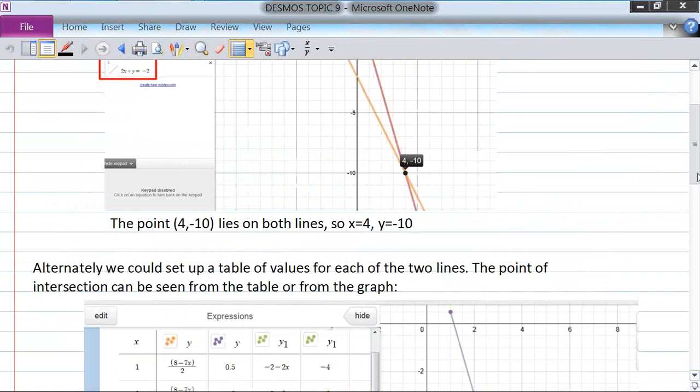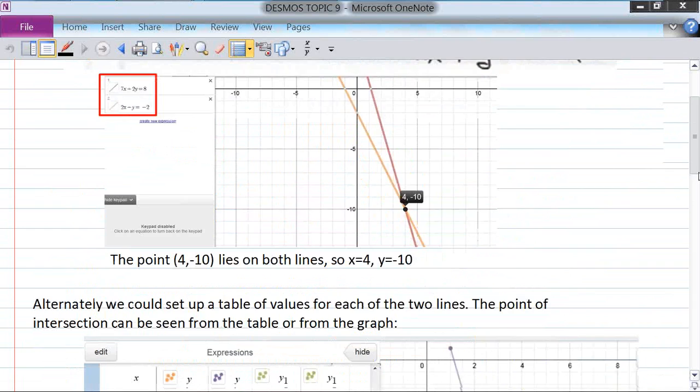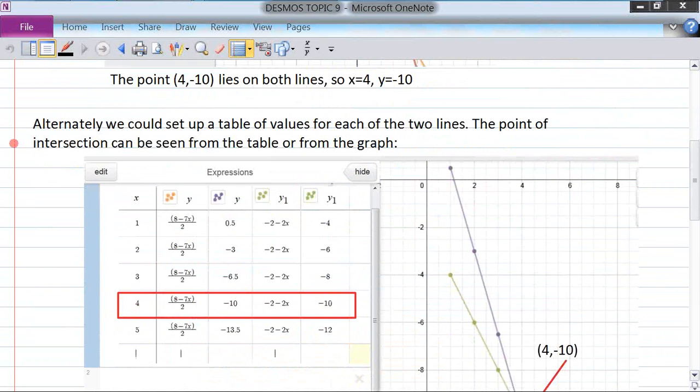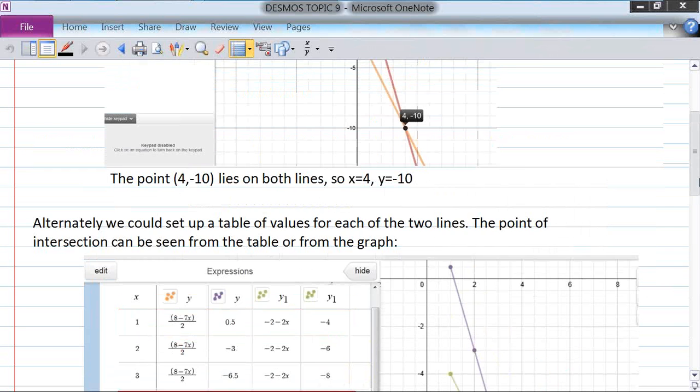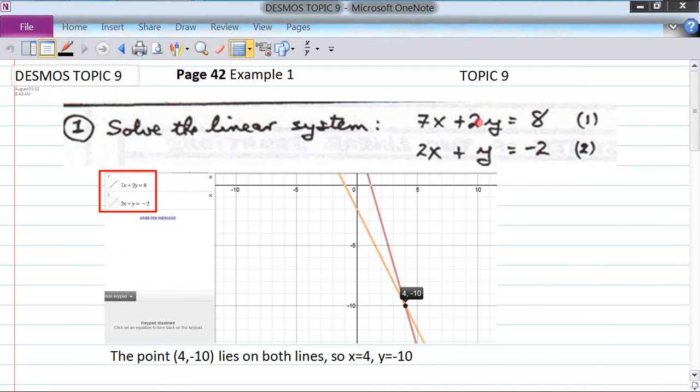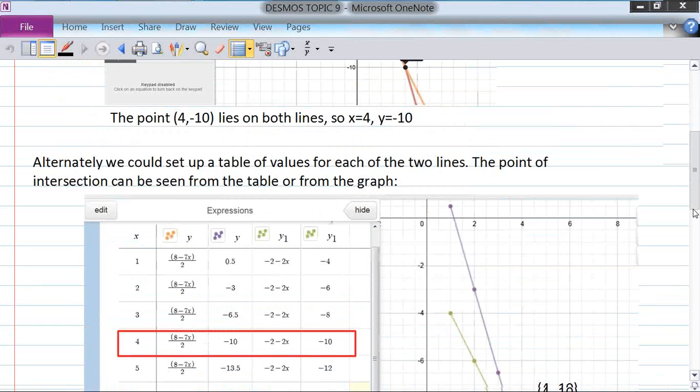Now, the other way that we could have done this is to set up a table of values for each of the two lines. So here we have the y. We put these numbers in, 1, 2, 3, 4, 5, and we put the first equation in solved in terms of y. If you solve this equation for y, it's 8 minus 7x over 2. So I put that in over here.